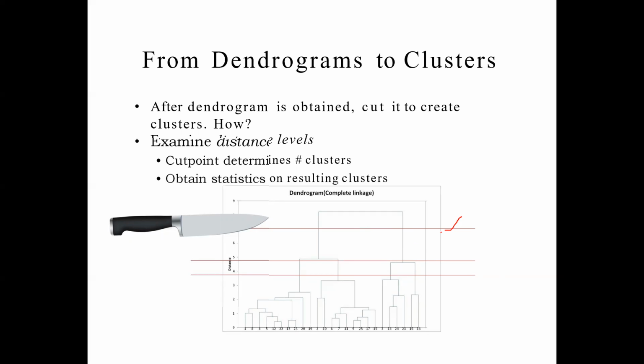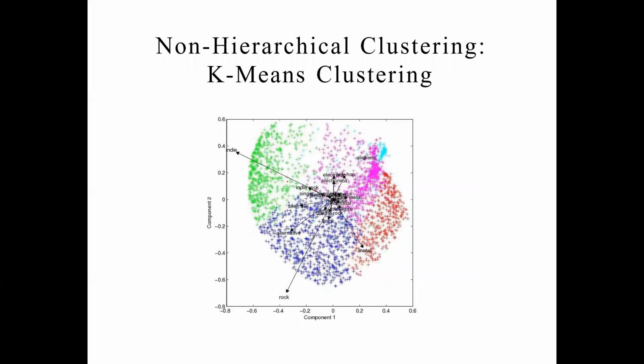So depending on the application requirement, you can set your cutting point here. If your cutting point is here, you will get 2 clusters, one cluster this and a second this. If your cutting point is here, then you will get 4 different clusters: 1, 2, 3, and 4, and so on. Like this, you can decide your cutting point. The cutting point determines the number of clusters and the resulting clusters for your application.